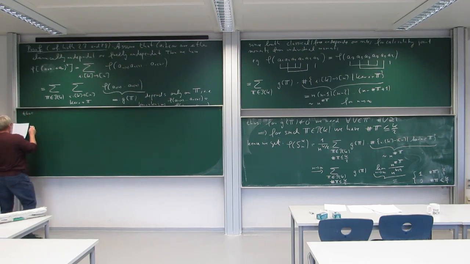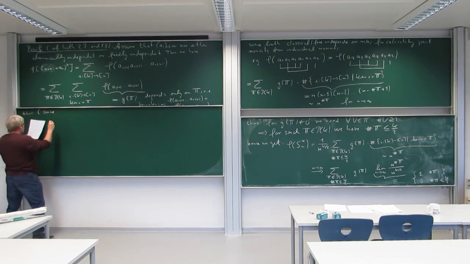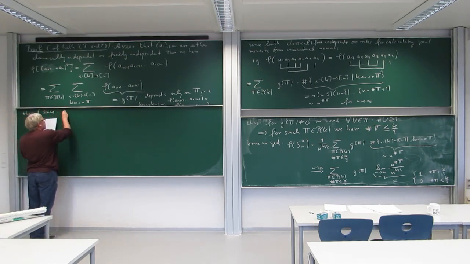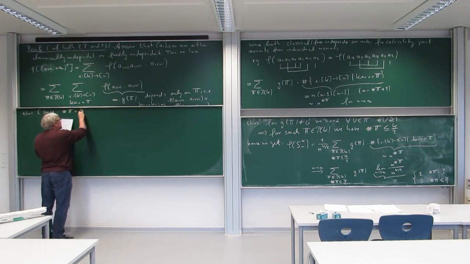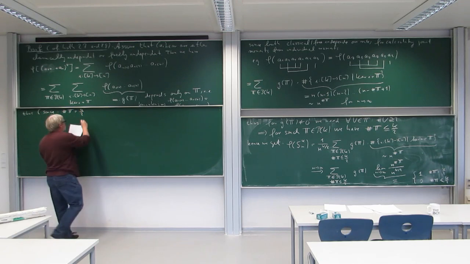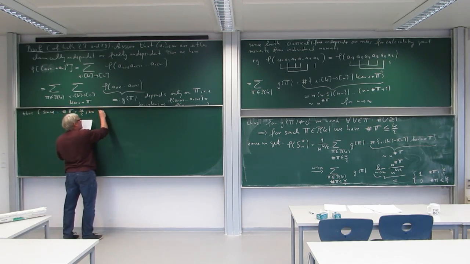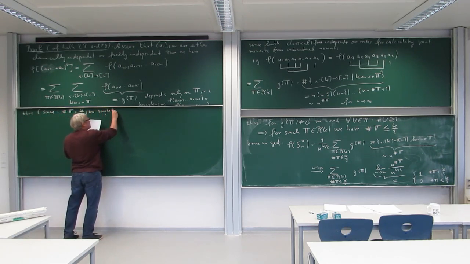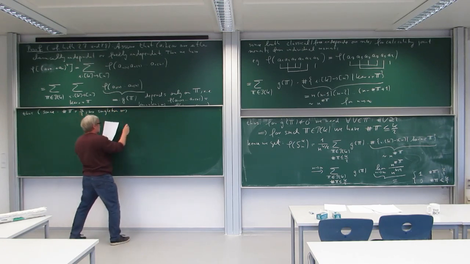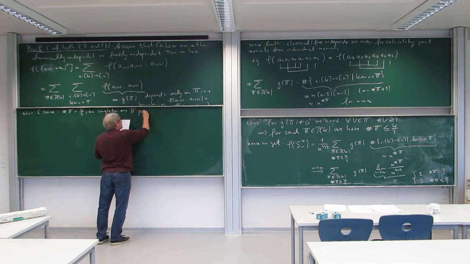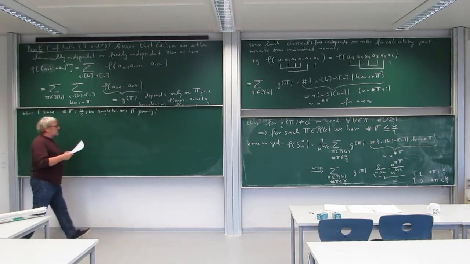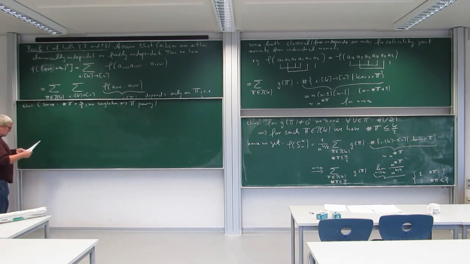Thus, again, the argument is that what survives. We have partitions which must have exactly k over 2 blocks, but on the other hand, they don't consider singletons, and this means that pi is a pairing, which I will define now, which says that each block contains 2 elements.